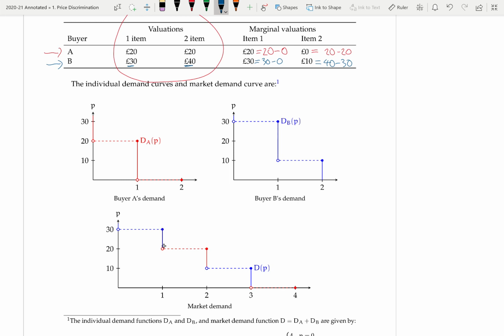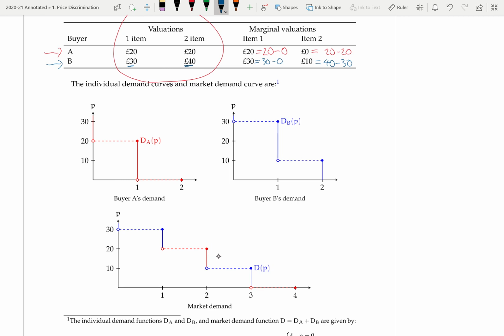So the market demand is 1. But when the price becomes lower than 20, buyer A will also buy something. So as long as the price is between 10 and 20, buyer A wants to buy 1 unit, but buyer B doesn't want to buy their second unit, they only still want to buy 1, then the market demand will be 2.